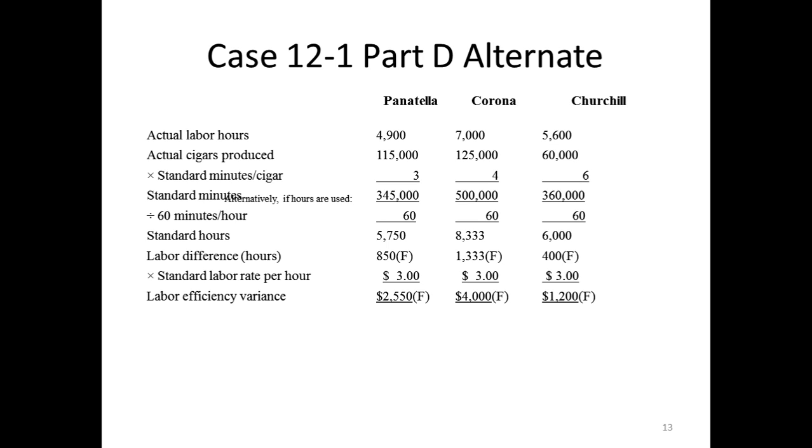You can either do the standard minutes per cigar, or you can do the standard number of cigars per hour. Both will lead you to the same result. The Panatellas had a 2,550 favorable efficiency variance, the Coronas 4,000 favorable, and the Churchills 1,200 favorable.